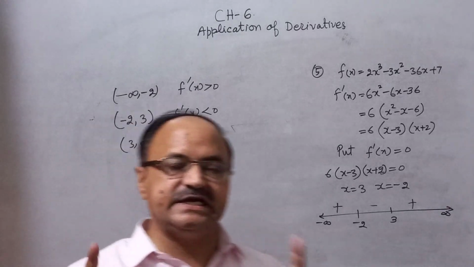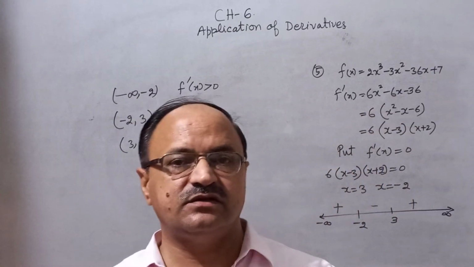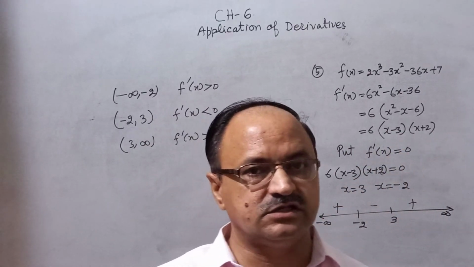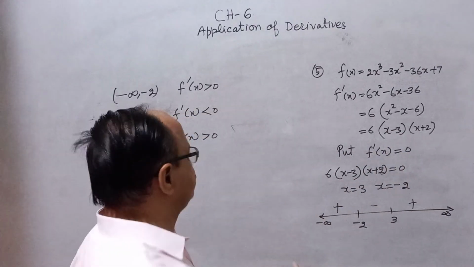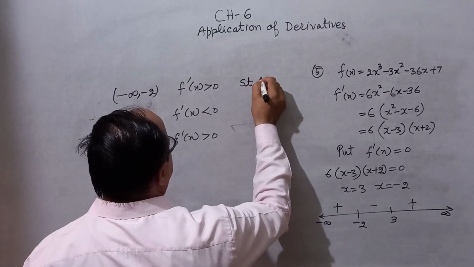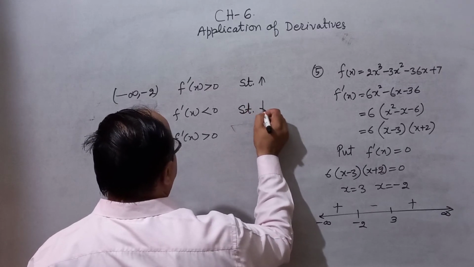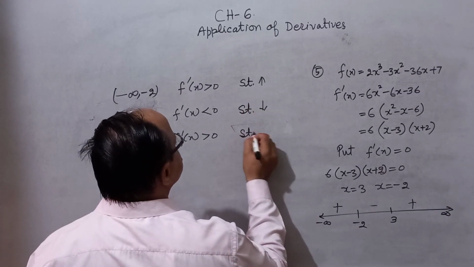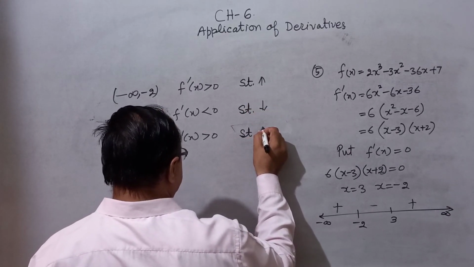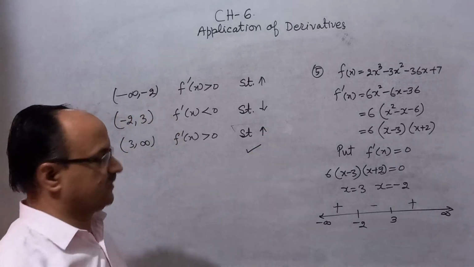Plus sign indicates the function is strictly increasing and minus sign indicates the function is strictly decreasing. Therefore, the function is strictly increasing, then strictly decreasing, and then strictly increasing. This is the answer. Correct?